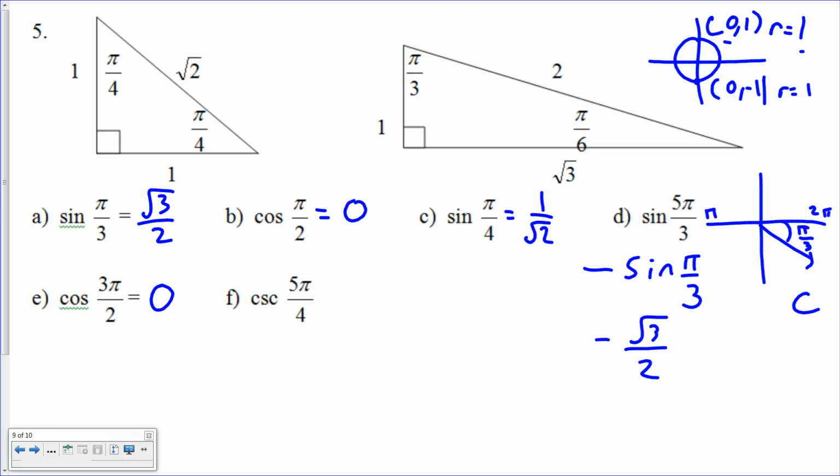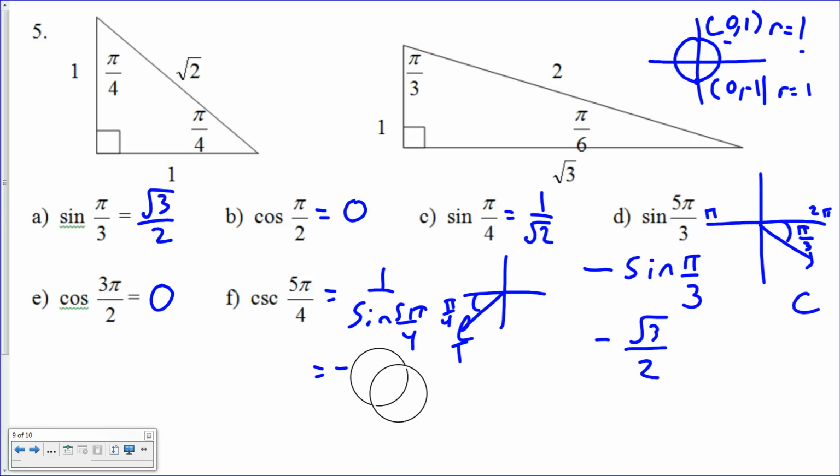Cosecant 5 pi over 4. 1 over sine 5 pi over 4. I'm thinking, okay, where is this particular angle? It's a little bit more than 4 pi over 4, so it goes in the third quadrant. Reference angle, pi over 4. Rewrite negative 1, because its sine is negative, negative 1 over radical 2 is the sine of pi over 4.